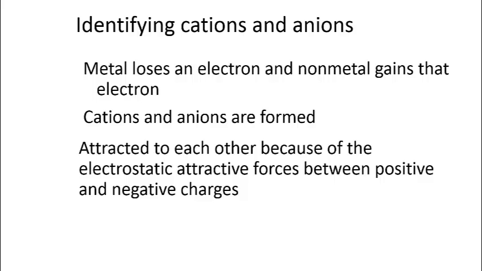These cations and anions are attracted to each other because of the electrostatic attractive forces between positive and negative charges. These opposite charges bring these ions together to form an ionic bond. The main concept to remember is that a metal reacts with a nonmetal to form an ionic bond.